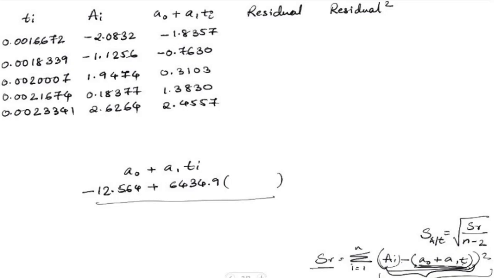Okay, now the residual, as I told you, is the amplitude minus these values that we just derived here, a0 plus a1 times t, right? So the residual is this part here. So for that, we'll take the ai values from here and subtract these values here, right?